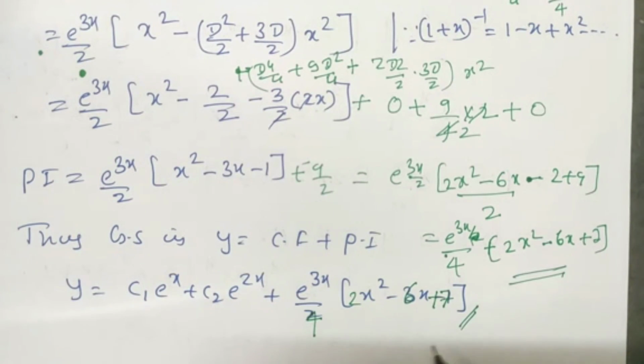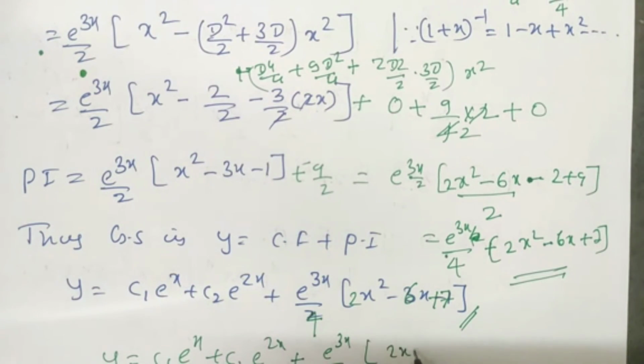This is the required result. So it is y = c1 e^x + c2 e^(2x) + (e^(3x)/4)(2x² − 6x + 7), which is the required general solution.